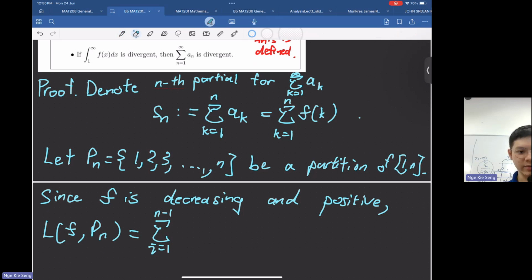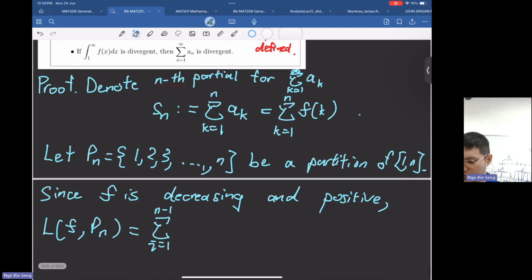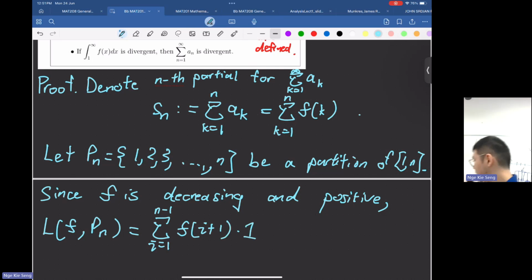Let me be careful. So we'll use f_{i+1} times 1. Is it f_{i+1} or not? So i is starting from 1, and then 2, 3, 4, and so on.